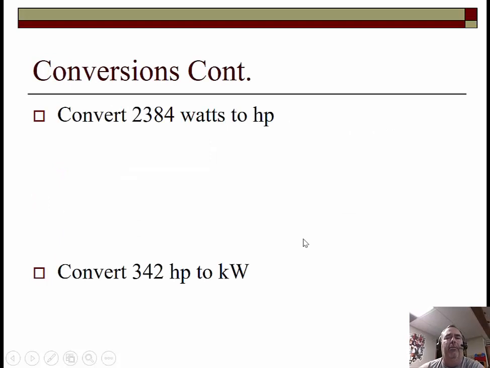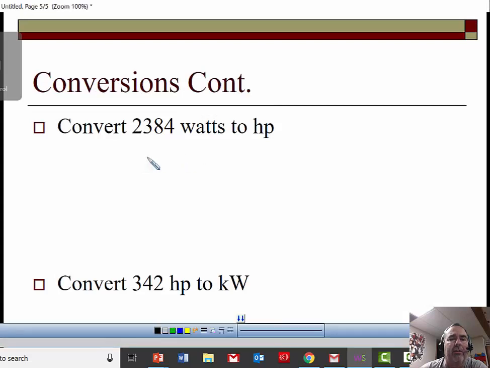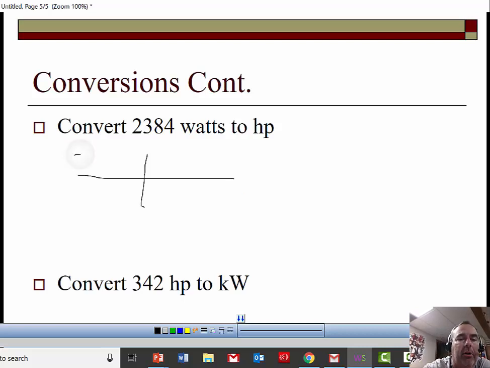Let's go ahead and look at a couple of conversions. I'm not going to do a watts to kilowatts one because that's very similar to your stair steps. So it says convert 2,384 watts to horsepower. I'm going to set up my railroad track, and because these are not based on thousands, tens, hundreds, and so forth, you have to do the railroad track here. I'm going to put up top here my 2,384 watts.